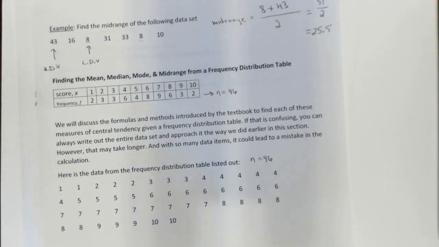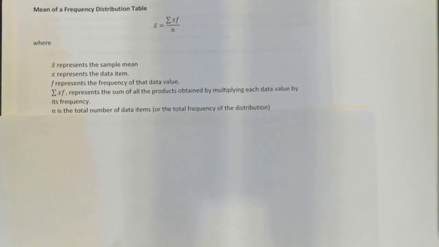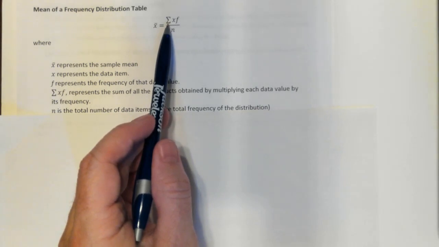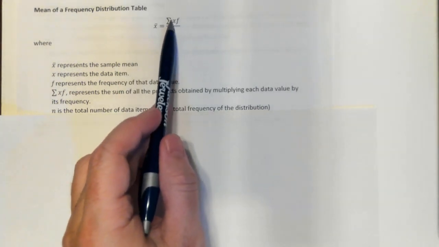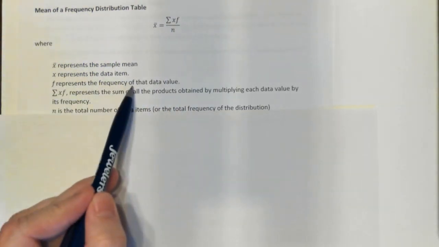All right. So I'm going to move to the next page. Probably will need my table. But here's a formula to find the mean of the frequency distribution table. Basically, it's the same thing, but what I'm doing is adding up, this is the summation, the x times f's, where x is the data item and f is the frequency.